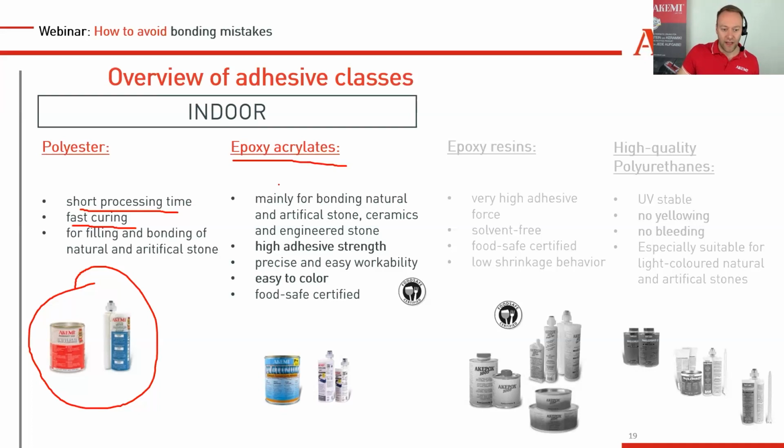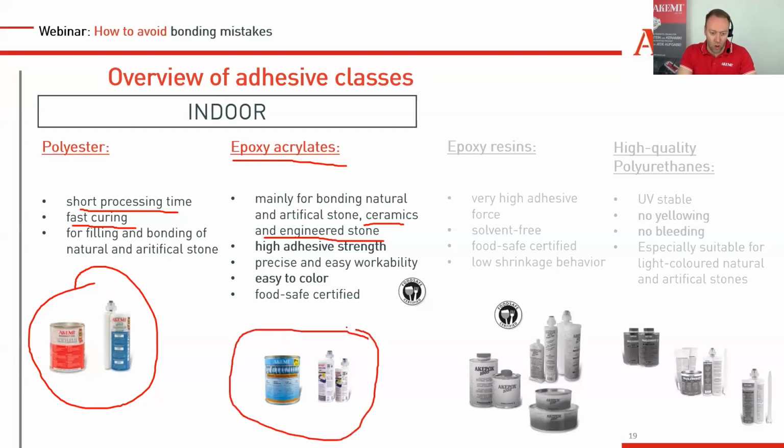So where is the epoxy acrylates used? They have a higher bonding power. So they are usually more used for ceramics, engineered stones, artificial stones, which are very dense, where the glue cannot, let's say, grab the stone quite proper, where the material is so dense and maybe sometimes very smooth. So there you need a product which has a higher bonding strength, and the epoxy acrylates, which are filled in our platinum or color bond glues, are perfect for that.